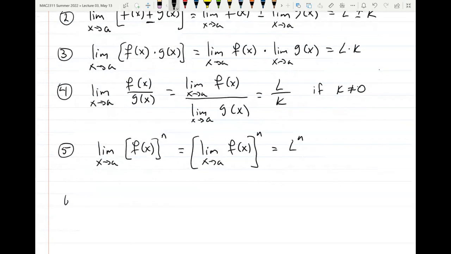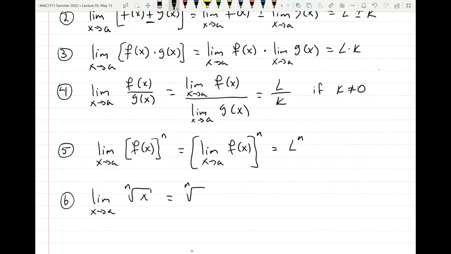Similarly with roots. So if you have the limit as x approaches a of the n root of x, this would just be the n root of a.